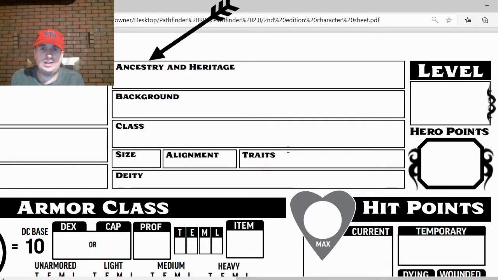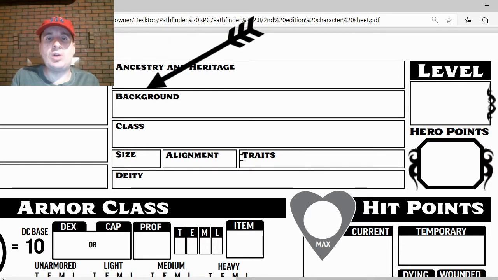Each of these ancestries has advantages and disadvantages. It's up to you to decide what ancestry your character is. I will cover more on that in each of my ancestry videos.